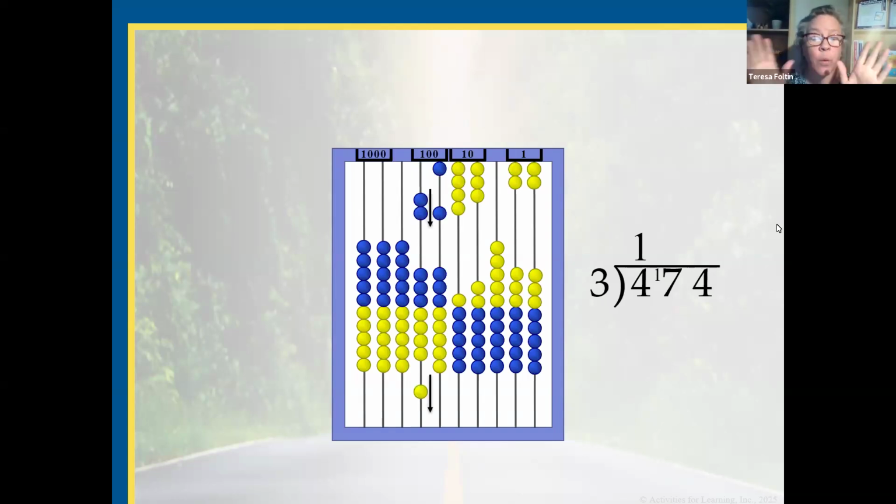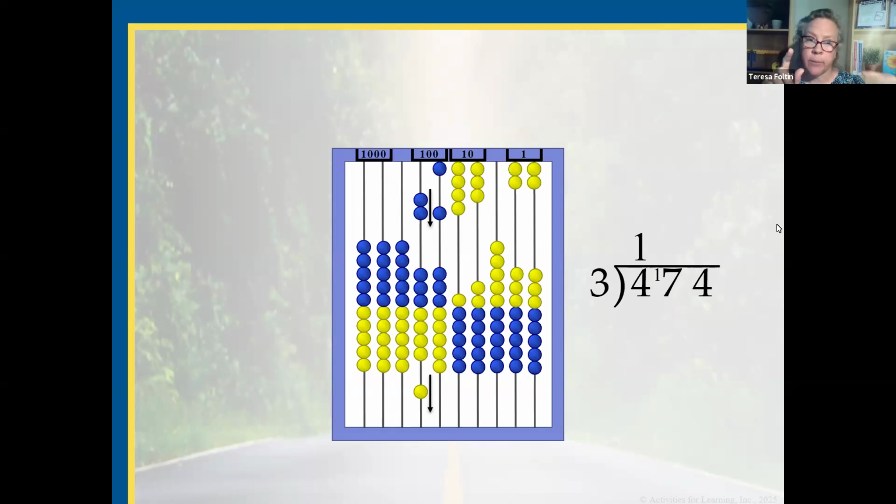So we're going to look at what 400 divided by 3 is. So the 3 that was under the 100, because 3 goes into 3 one time, right? We're going to remove those 300s and place a 100 bead, move that down to the bottom. So 3 went into 400 one time.